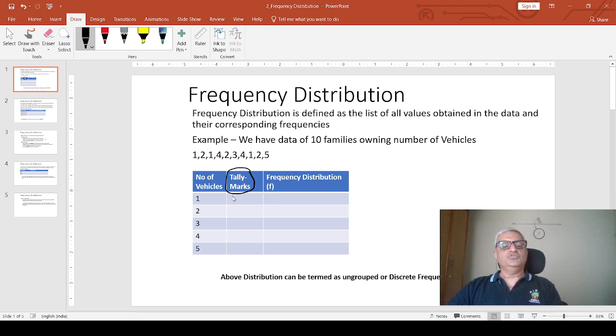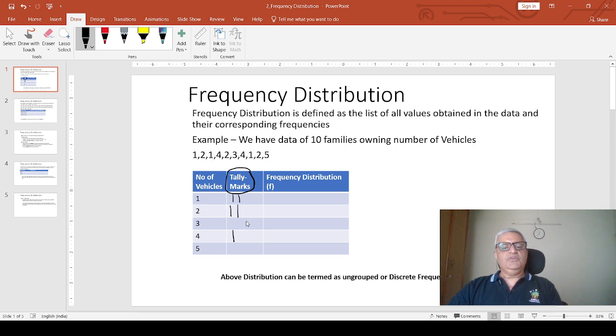When we come across 1 in the first data point, we just draw a vertical line against 1. Then we draw a vertical line against 2 because our second data point is 2. We add one more vertical line against 1 because our third data point is 1. The fourth data point is 4, so one more vertical line there. The fifth data point is 2, so one more vertical line against 2.